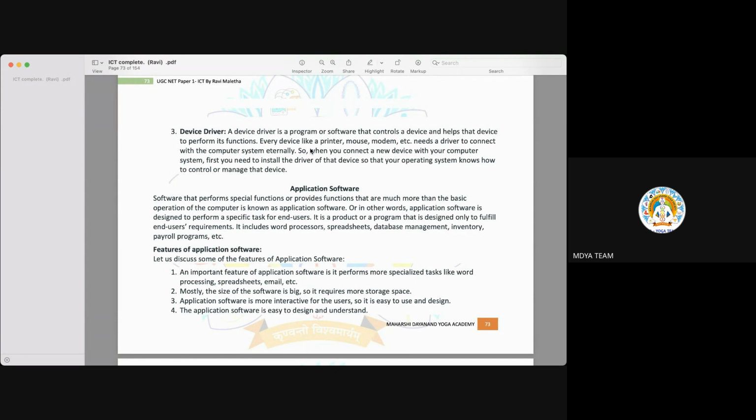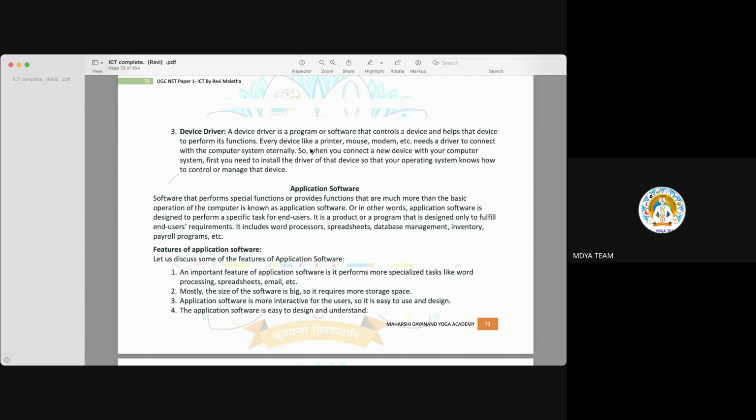Now the features. The important feature of application software is that it performs more specialized tasks like word processing and spreadsheet, depending upon the requirement. The size of the software is big, so it requires more storage space.